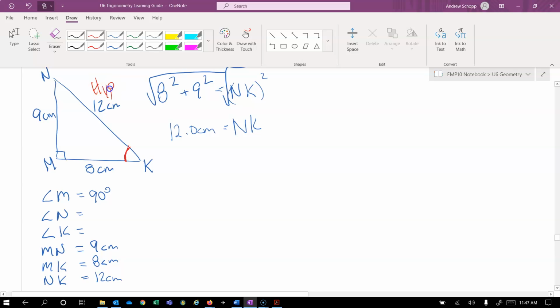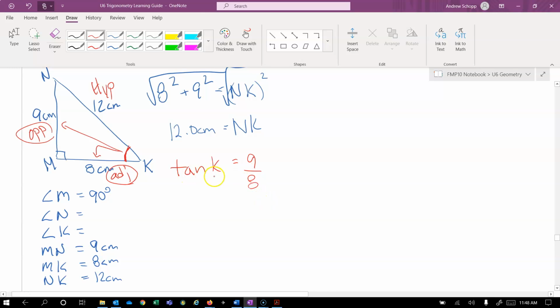I have hypotenuse straight out from angle K. I have the opposite and the adjacent. Now, the ones I'm going to use for this one will be opposite and adjacent. I'm trying to find angle K, so that is going to be the tangent function. So the tangent of angle K must be equal to the opposite, which is 9, over the adjacent, which is 8.